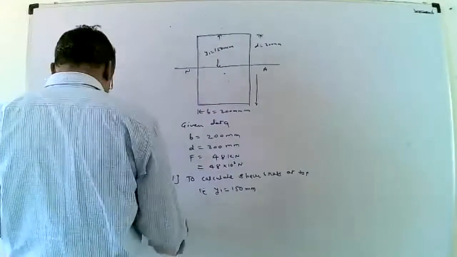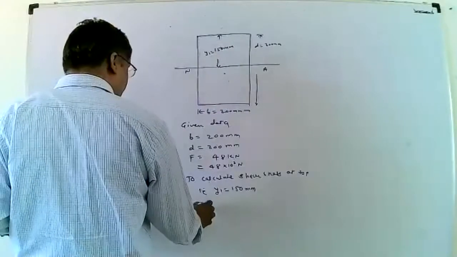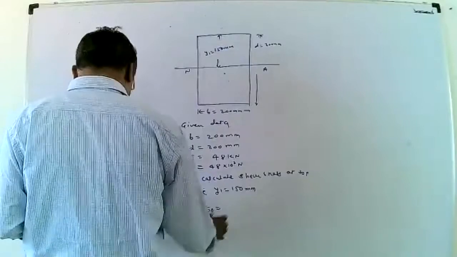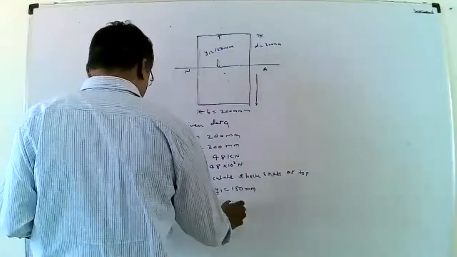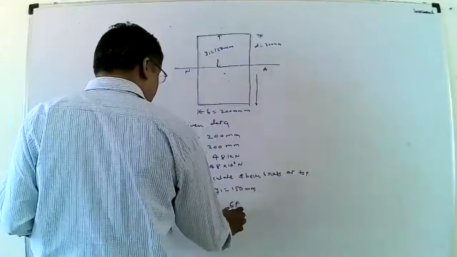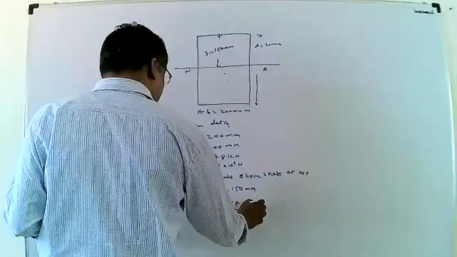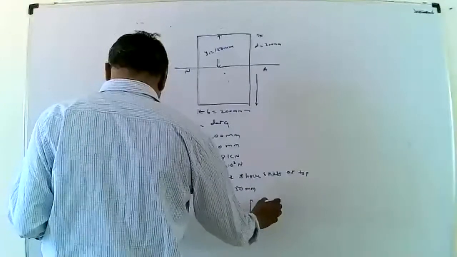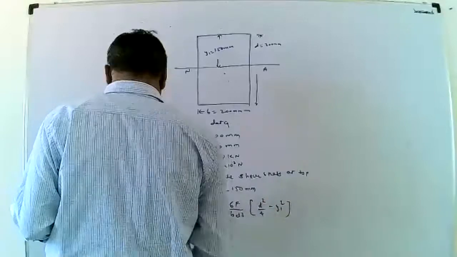Y1 is 150 mm. Then apply the formula. The shear stress at 150 is equal to 6F upon BD cube into D square upon 4 minus Y1 square.